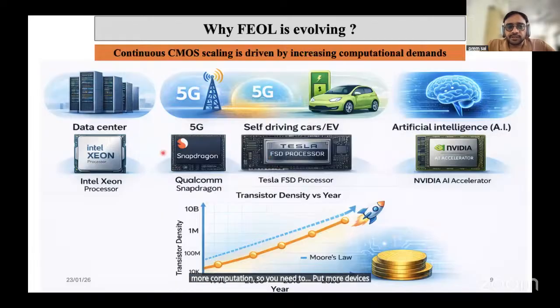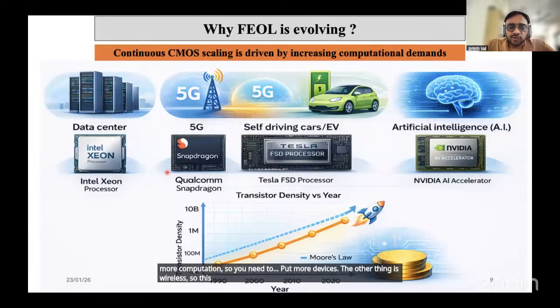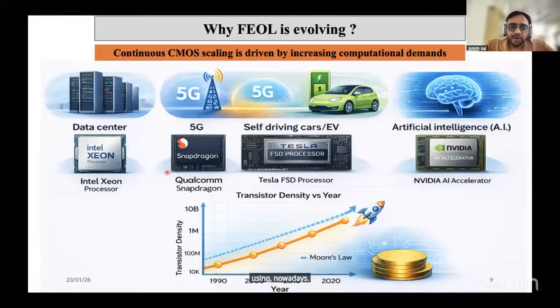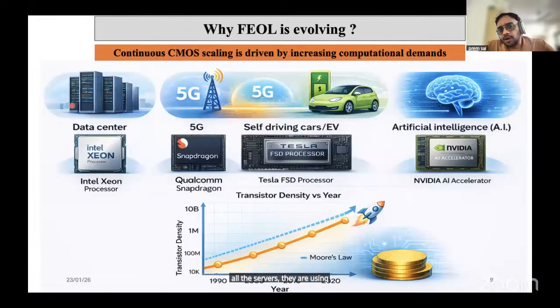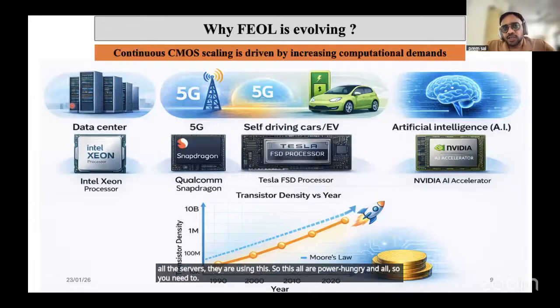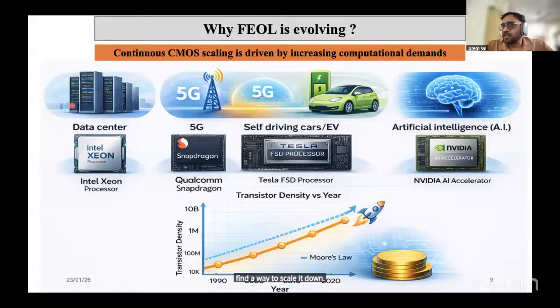The other thing is wireless. Whichever cell phones we are using nowadays mostly have the Snapdragon processor, and data centers are still using all the servers. These are all power hungry, so you need to find a way to scale down and use some device engineering or circuit engineering, and make sure they consume less power, so that we can have more of these applications.